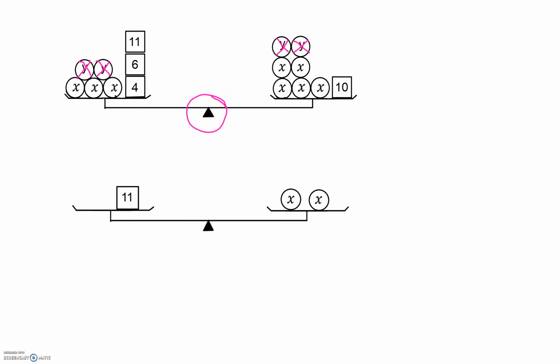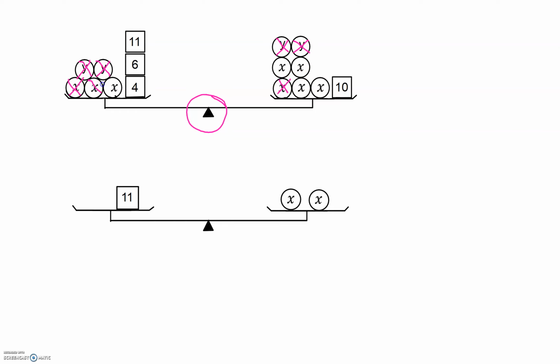The most important thing to bear in mind here is that whatever you do to the left-hand side, you must do the same to the right-hand side. I'm not allowed to take anything from one side only, or we're going to end up with imbalanced scales like we had in one of the diagrams on the previous page. I'm going to take away 1x from the left and 1x from the right.